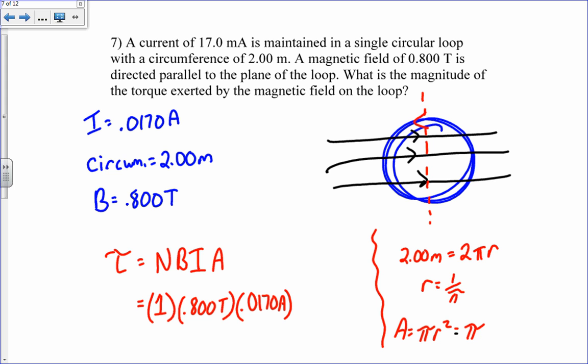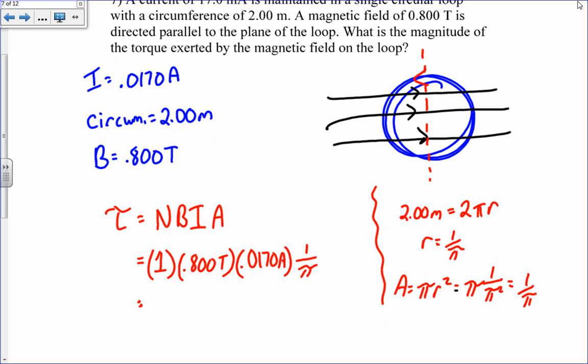So it's equal to pi times (1 over pi) squared. So the area is 1 over pi. I'm going to put that in over here. Now if I calculate the torque, I find that the torque is 4.3 times 10 to the minus 3. Since this is torque, it's in Newton meters.